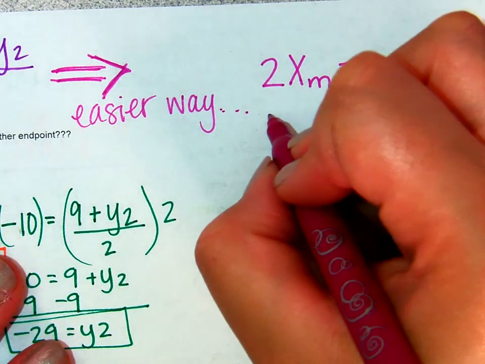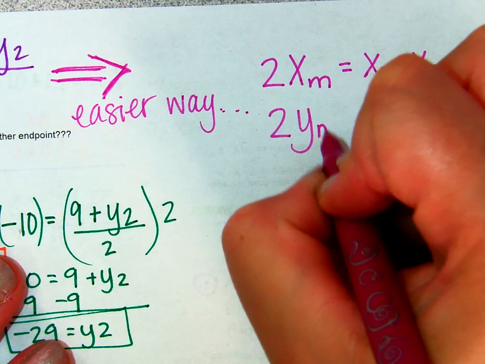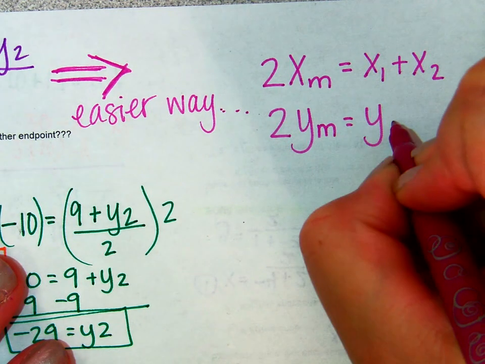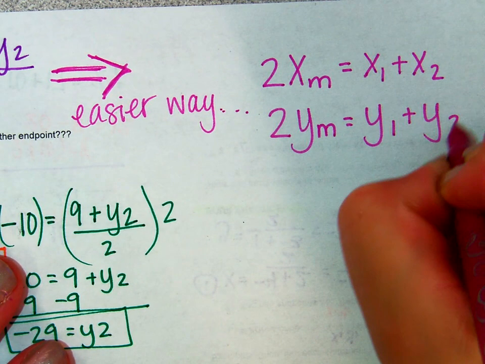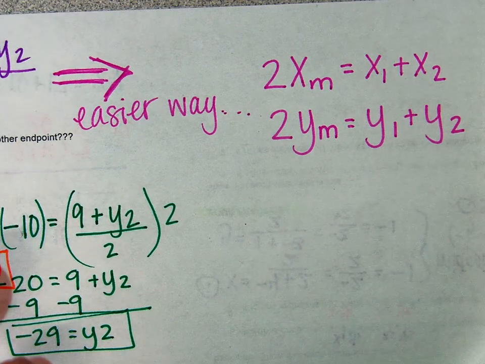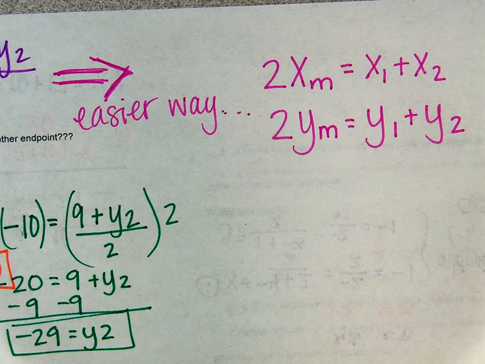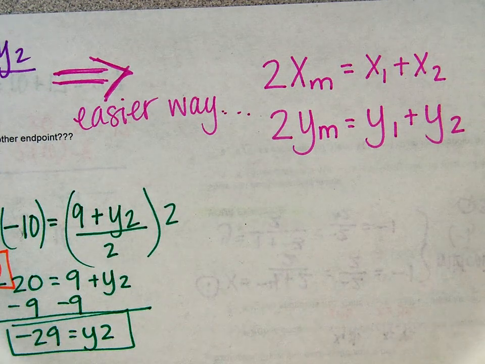And 2 times ym equals y1 plus y2. Makes our lives a lot easier, and I know that you're probably looking at this going, Miss, we could simplify that even farther. You're right, you can. But I'm not going to go there. Not today anyways. Maybe eventually I'll take it there.